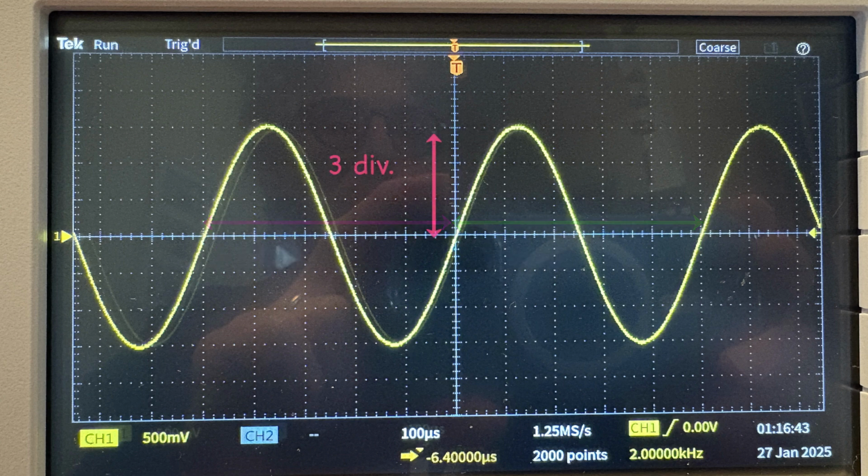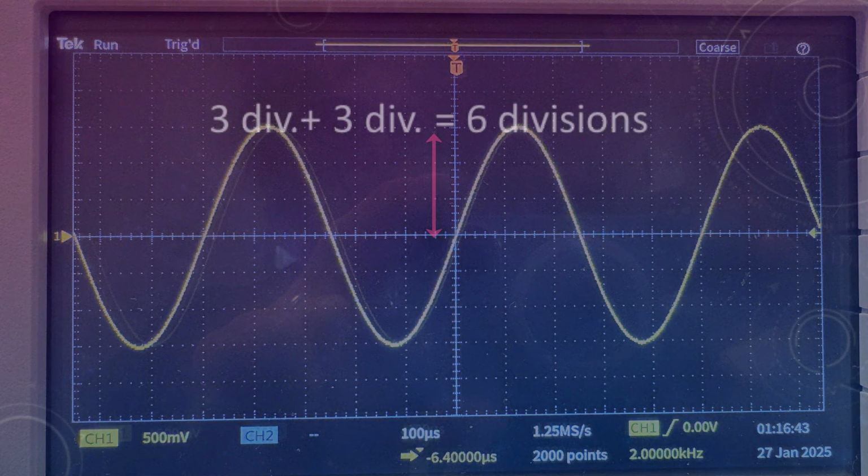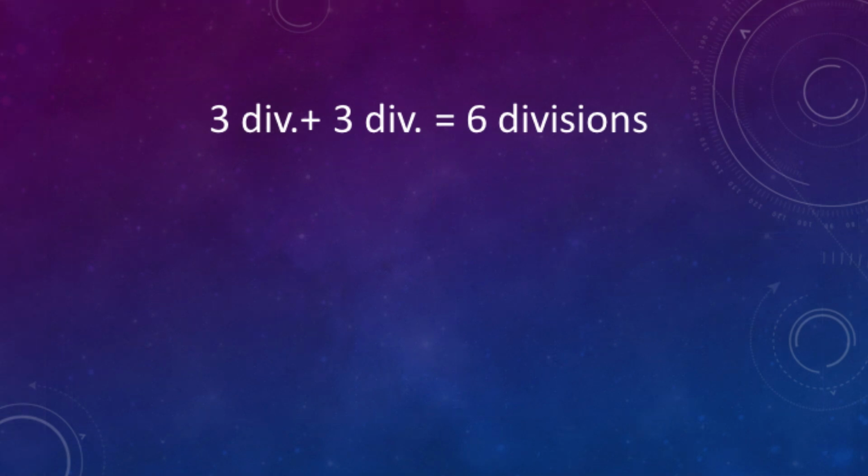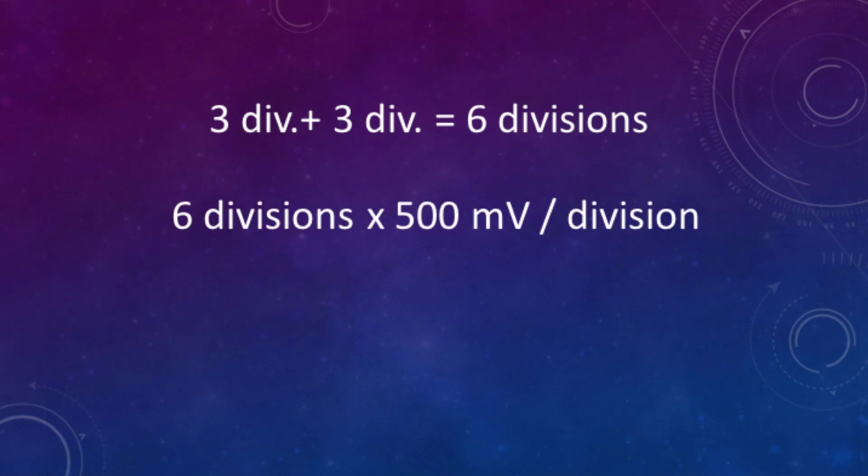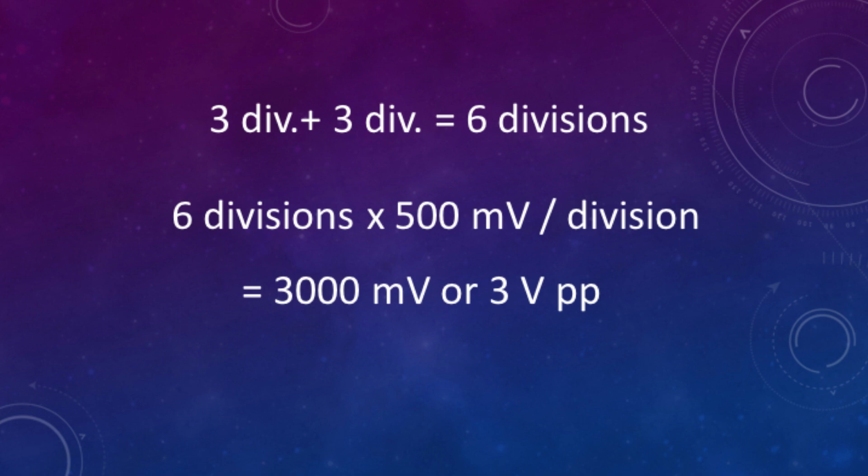The wave height is 3 divisions above and 3 divisions below the center line. So the amplitude or voltage of the sine wave is 3 divisions plus 3 divisions equals 6 divisions times 500 millivolts per division equals 3000 millivolts or 3 volts peak to peak.